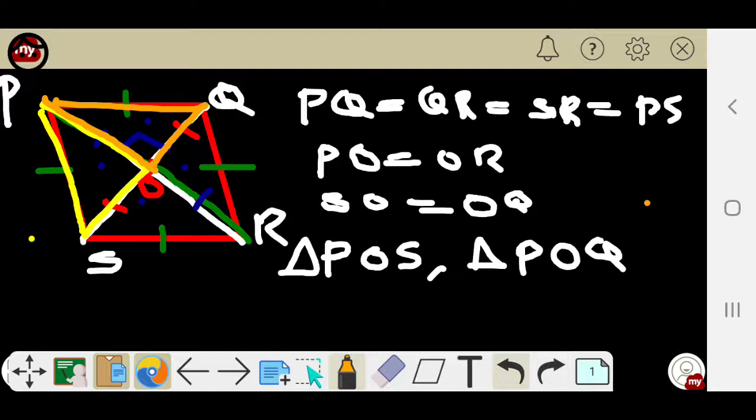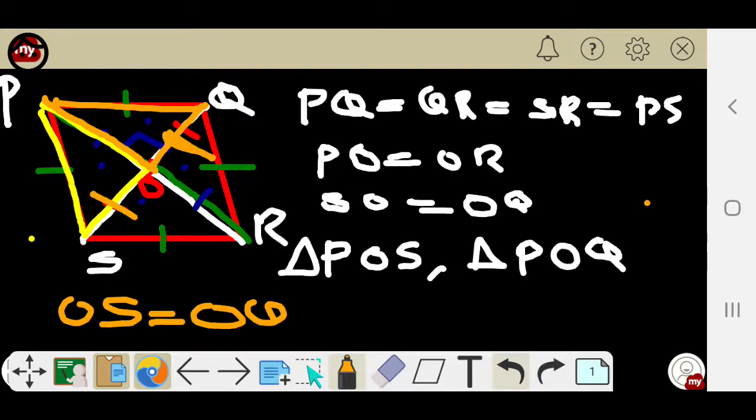That means in triangle POS, the side OS is equal to the side OQ of triangle POQ. And also being a rhombus, PS equal to PQ. That means in triangle POS, the side PS, and in triangle POQ, the side PQ are equal.